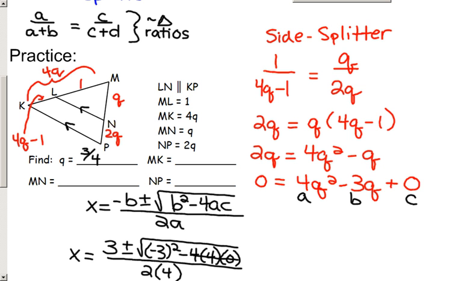So to find the value of MK, plug in Q equals 3/4. 4 times 3/4 results in a value of 3 for MK. To find MN, it's equal to Q, so MN's length is just 3/4. And finally, to find the length of NP, we'll do 2 times Q, so 2 times 3/4, which would make a value of 3 over 2.